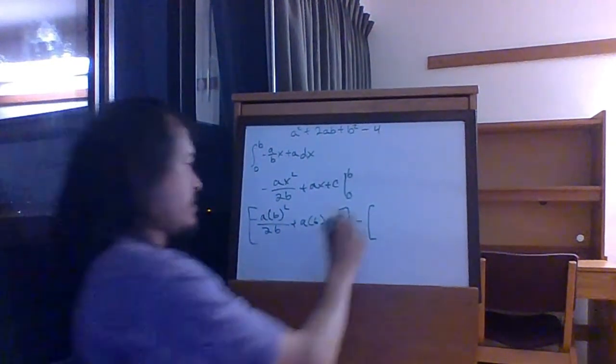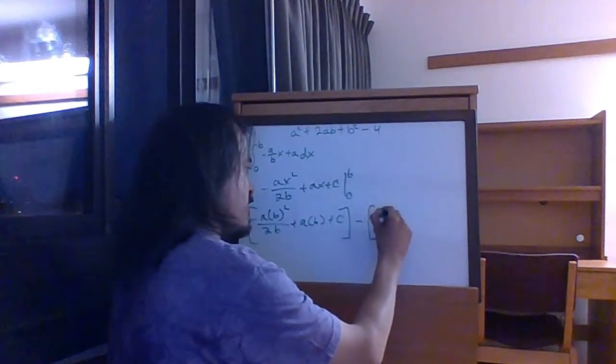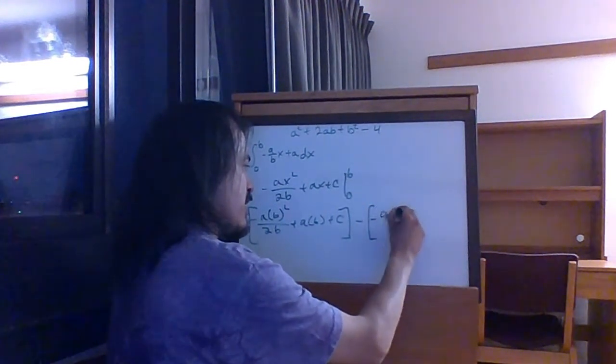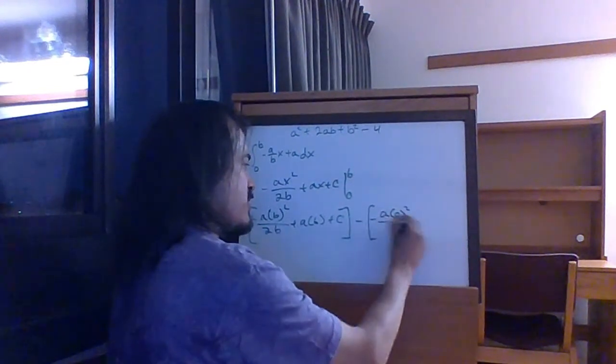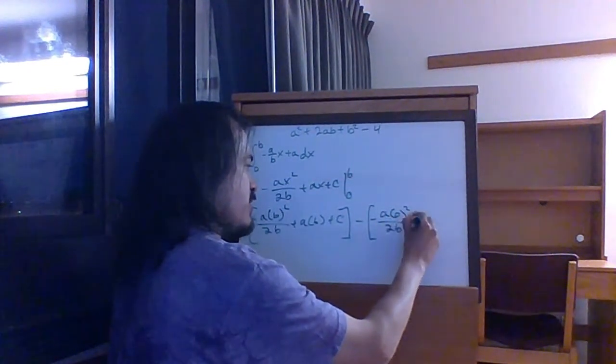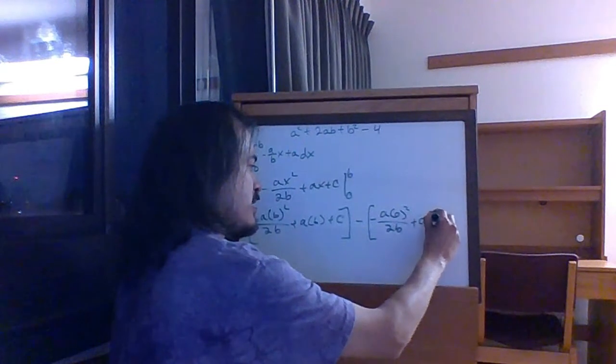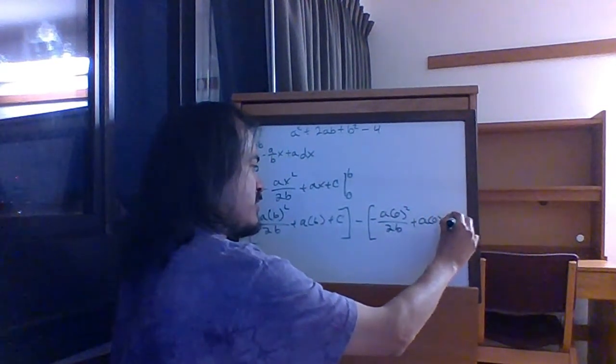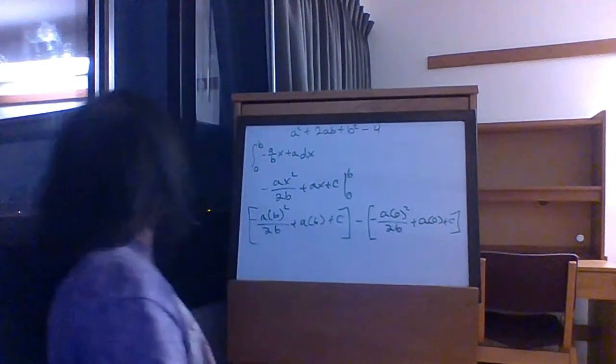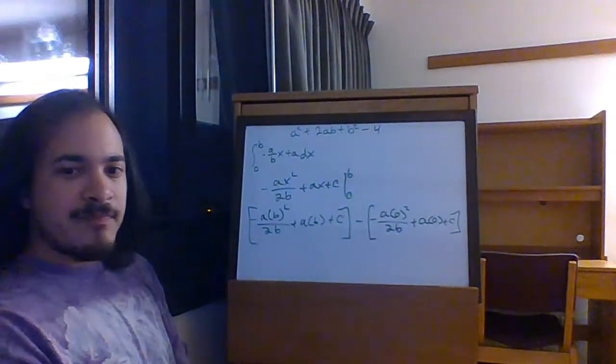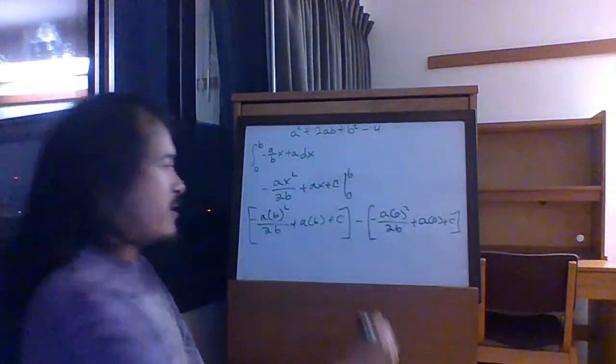And so we do the lower limit: a times 0 squared over 2b plus a times 0 plus c. The c's automatically cancel each other out.